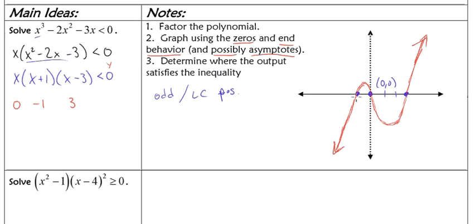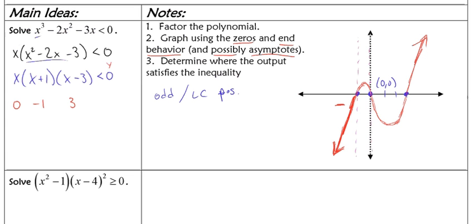But we'll build towards that. So first off, when x is less than -1, the output is negative. So when x is less than -1, we have a negative output. Once we get past -1 and as we get to 0, our output becomes positive though.